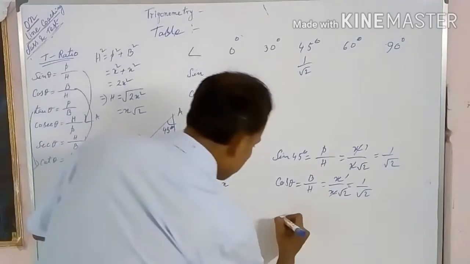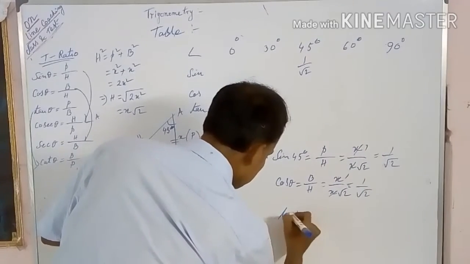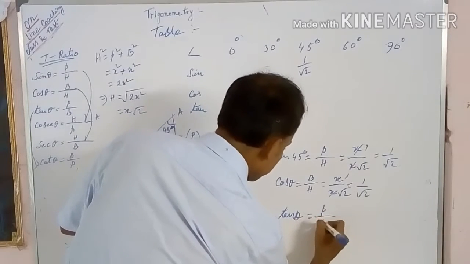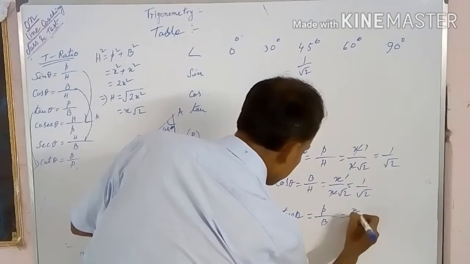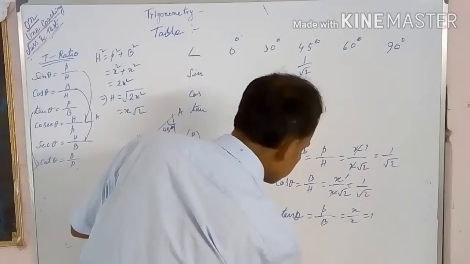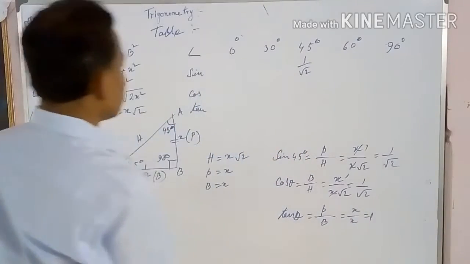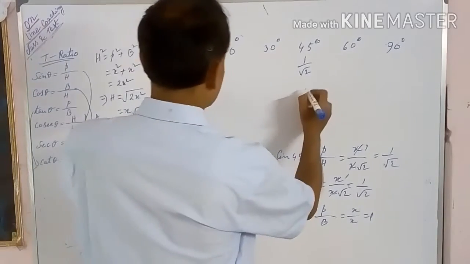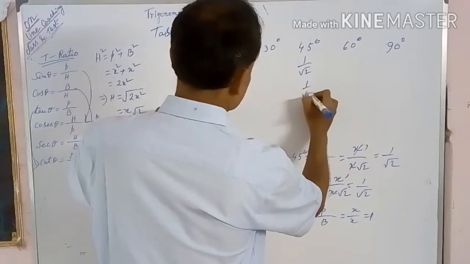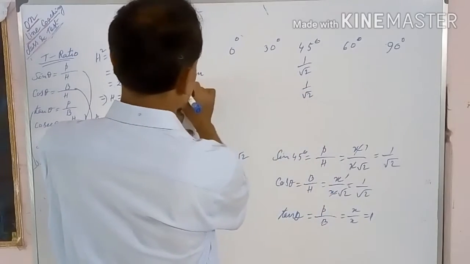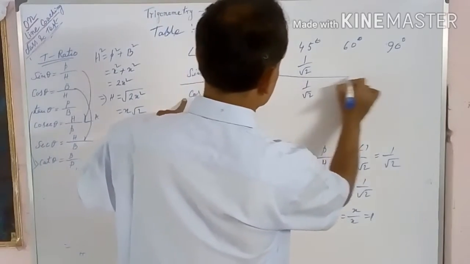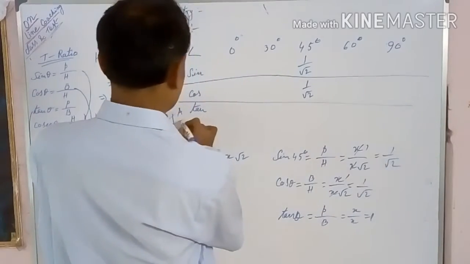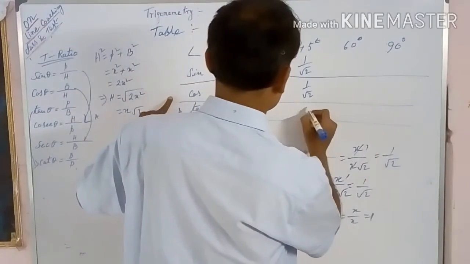Similarly, tan theta is equal to perpendicular by base, which is x by x, equal to 1. So sine 45 is 1 by root 2, cos 45 is 1 by root 2, tan 45 is equal to 1.